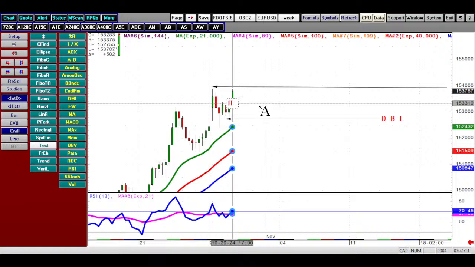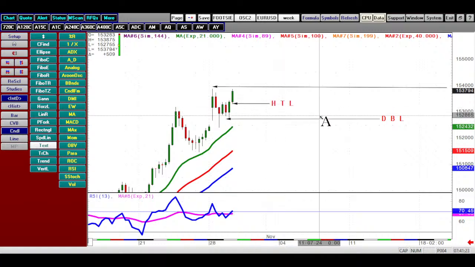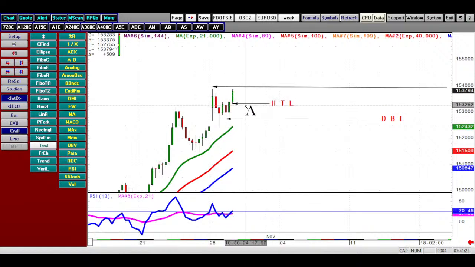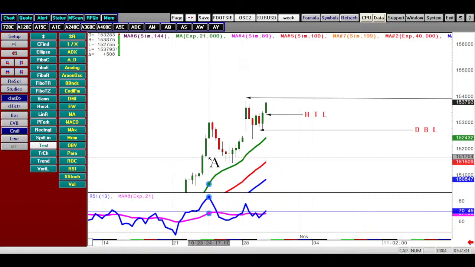We'll put it as hourly time control low. So this should be your low. The high, I think we are not interested, because we are interested in price moving higher, so we don't have to pay attention to this.